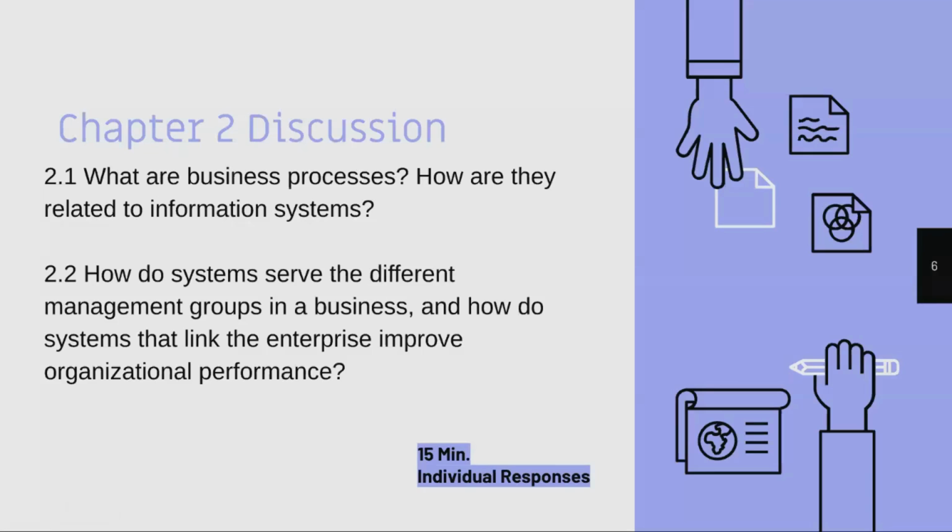Business processes are systems set in place to help track the day-to-day activity of the business. Okay, go ahead. In terms of the relation to information systems, when a business has invested in information systems, it makes the business processes much more efficient and effective.